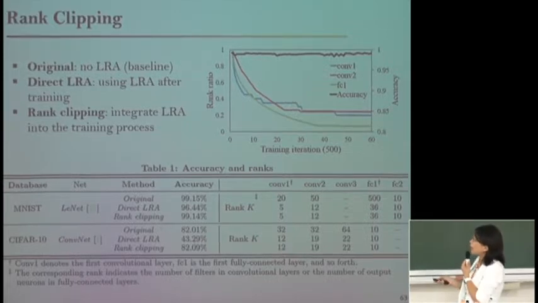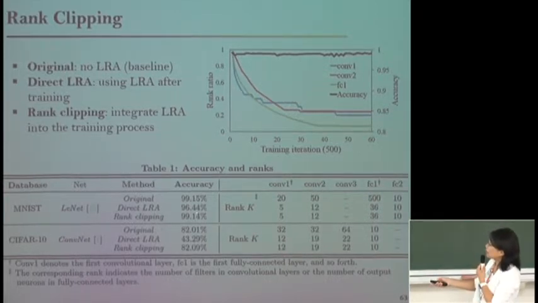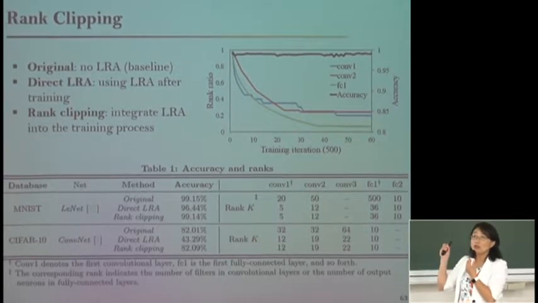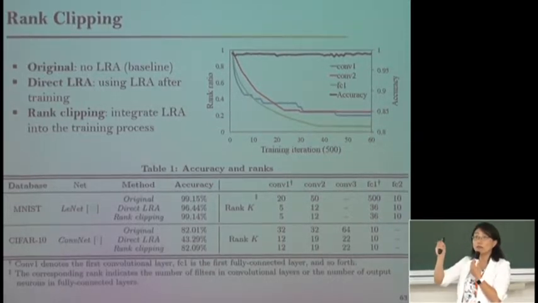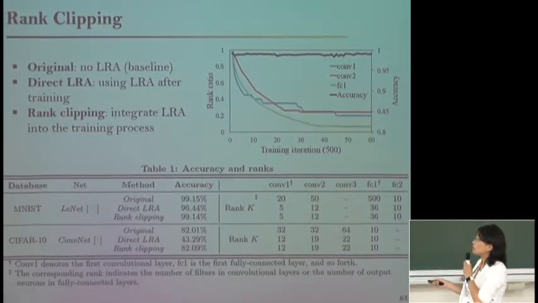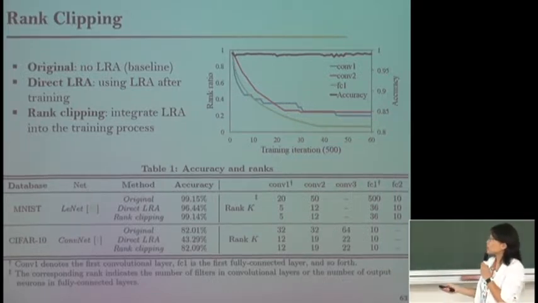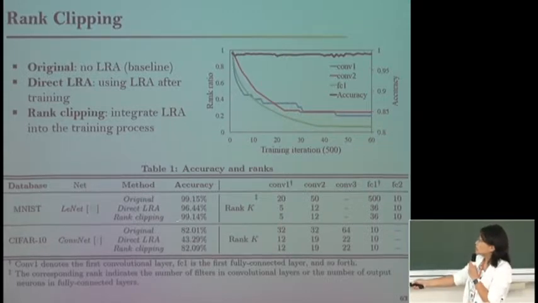For either of them, you can see the accuracy drop, because LRA creates some errors, right? W tilde is different from W, and this difference will eventually degrade the system performance. But since we embedded the PCA into the training process and keep tracking the system performance, the accuracy is recovered very close to the original design.